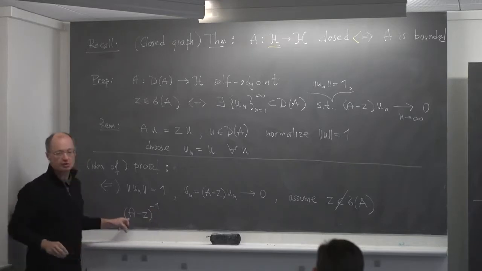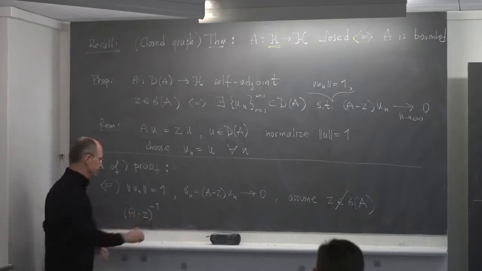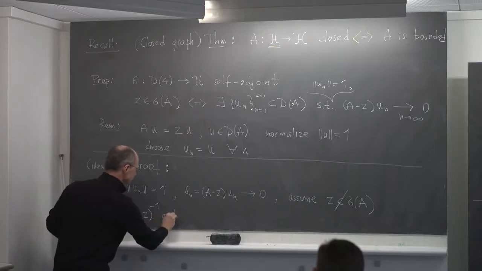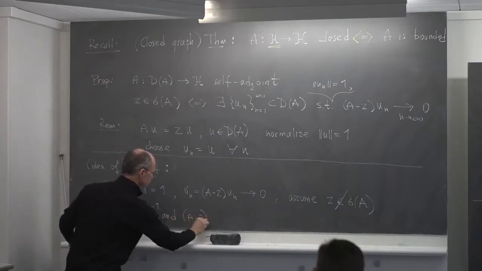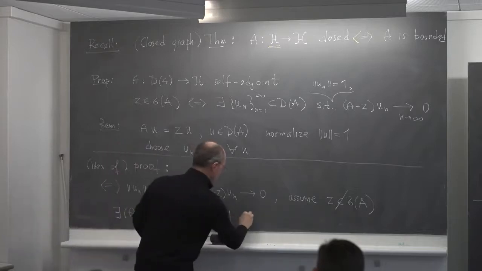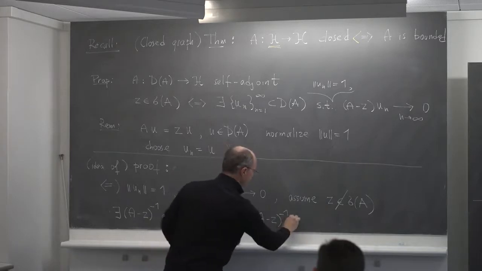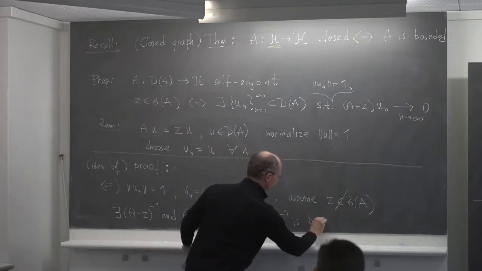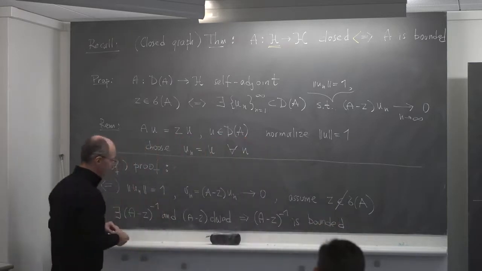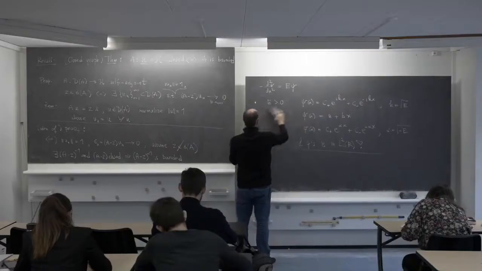But A is self-adjoint, so A is closed. So A minus Z is closed. This means the inverse of A minus Z is bounded. So we have a bounded inverse for A minus Z.